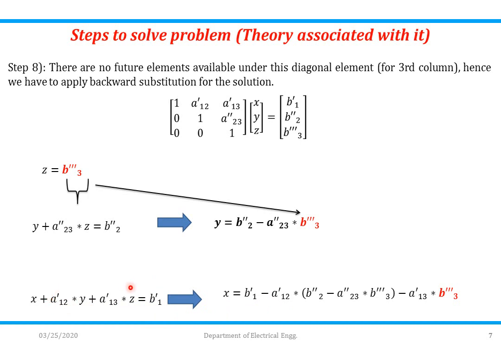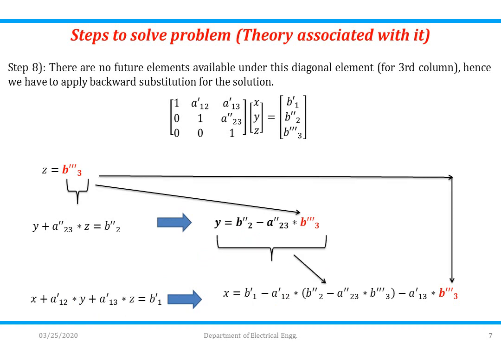These two terms, when I shift towards the right side, will be minus. So it becomes minus a dash 1 2 into the value of y. I have substituted it here, so this will be your value of y. Now minus a dash 1 3 into z. What is z? Z is b triple dash of 3. I have substituted here. So with the help of this method, you will get the values of x, y and z.